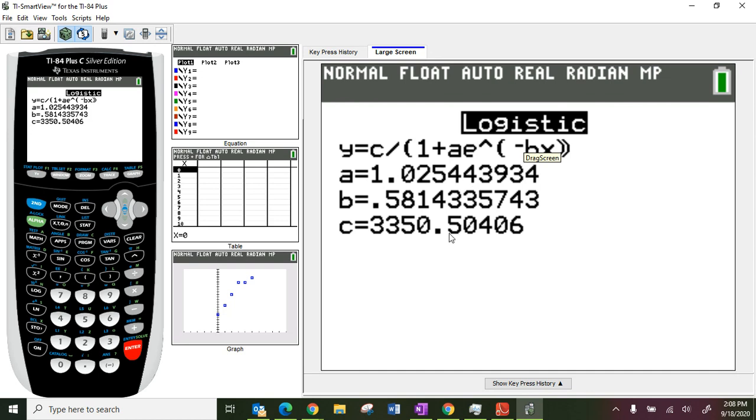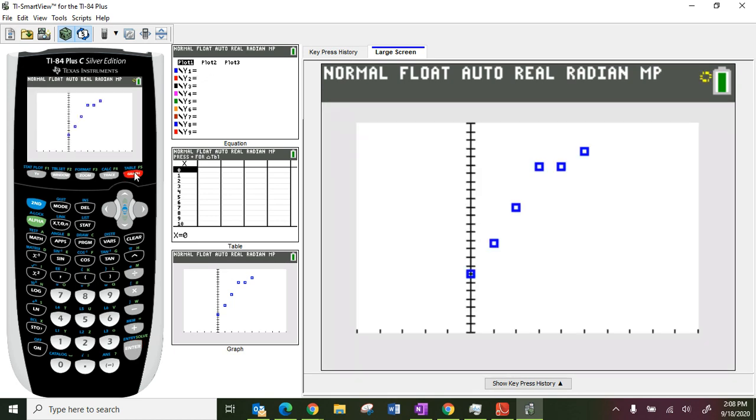Now, these are a lot of decimal points, and we do not want to round or truncate at all. We want the actual equation. That's why we asked it to store it. So what we do is we go back to the y equals. I hit the graph button there. It's already graphing because it's already in there, so it's taking a little while.